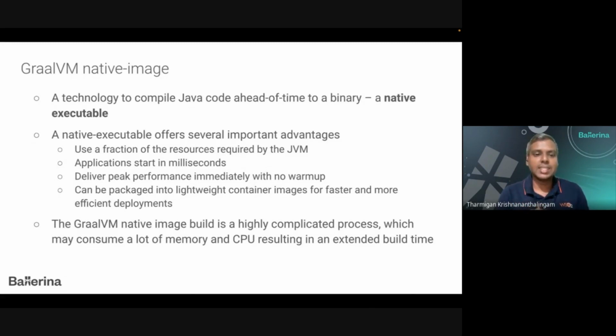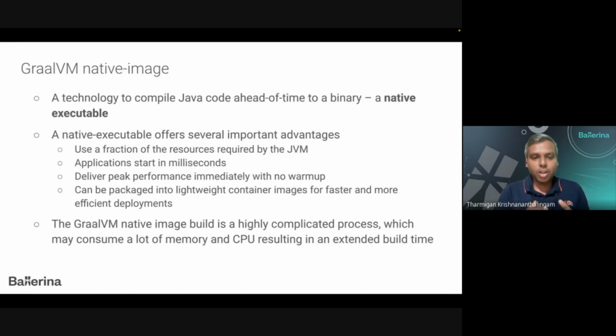Also, it has an initial heap which stores the static objects which are required to run the application. Because of this feature, the application can start in milliseconds and it can deliver peak and consistent performance immediately without warm-up.